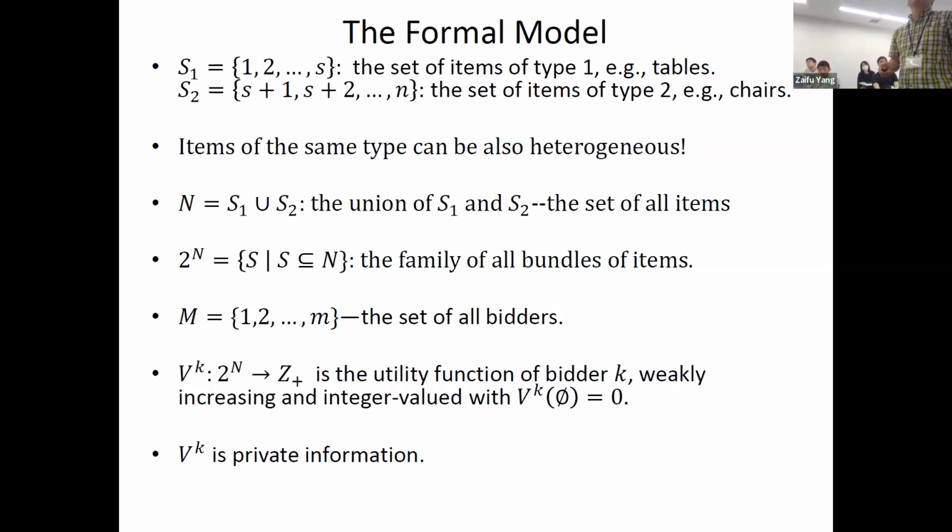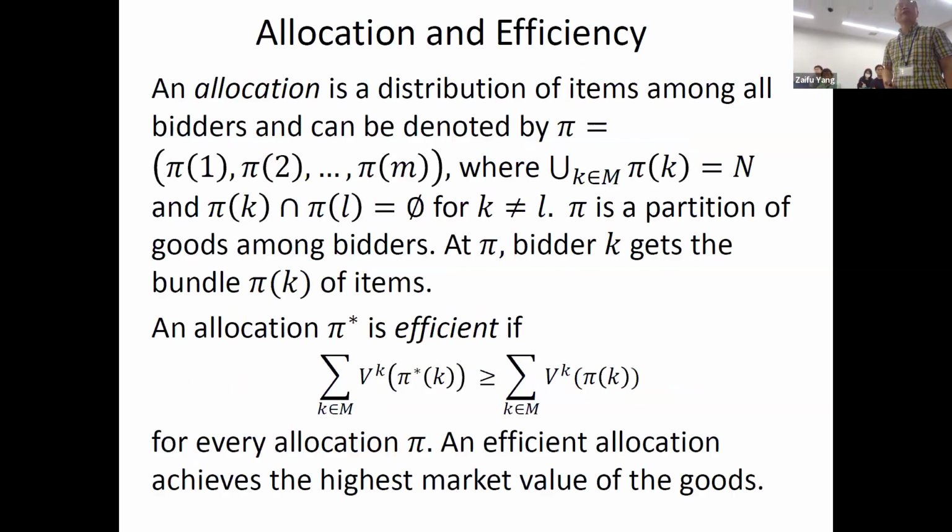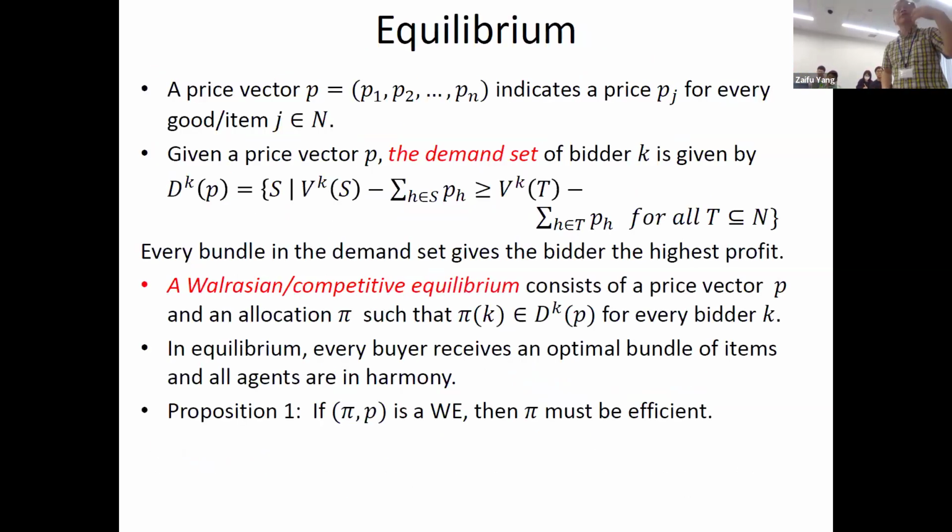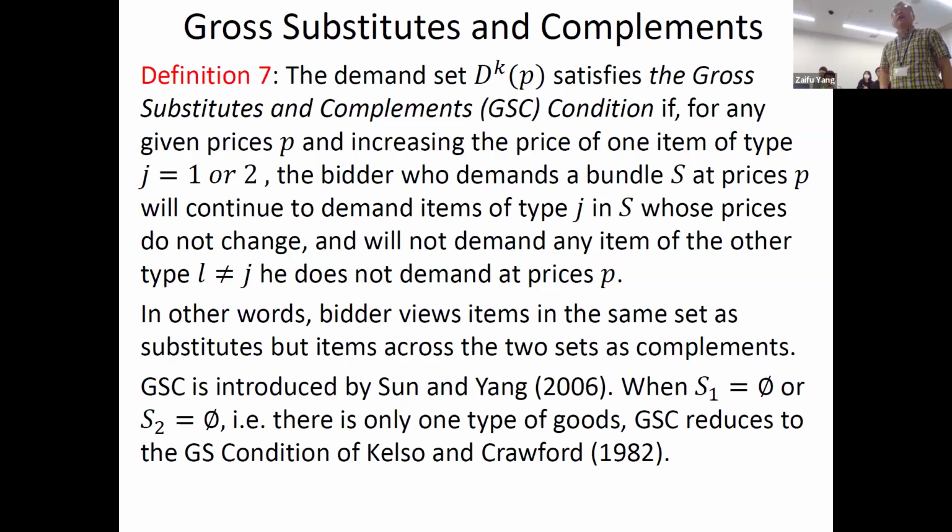We still use integer values, and v_k is private information. Efficiency, this kind of thing we don't need to repeat. Here I use a very simple version, but this definition is the same as the general definition, just simpler and easier to understand.